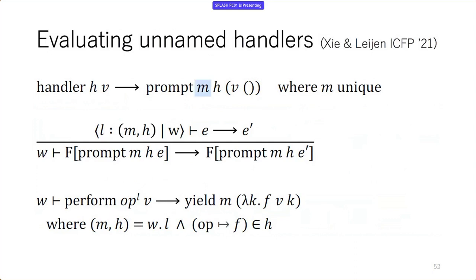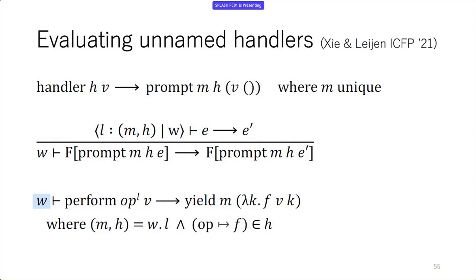The semantics turns a handler into a control prompt tagged by a unique marker M. When going inside the prompt, the semantics creates a pair of a marker and a handler, which we call an evidence, and implicitly passes this evidence down to the body of the prompt. And when there is an operation call, the semantics extracts the corresponding handler by looking up a vector of evidences representing the handlers surrounding that operation call.